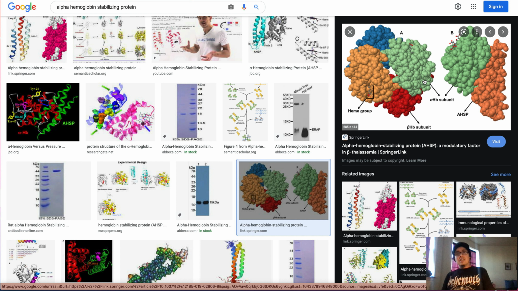I'm not sure at what stage the alpha hemoglobin stabilizing protein is whisked away, but essentially the reason why that occurs is because there's a lower energy situation between the alpha subunit and the beta subunit.